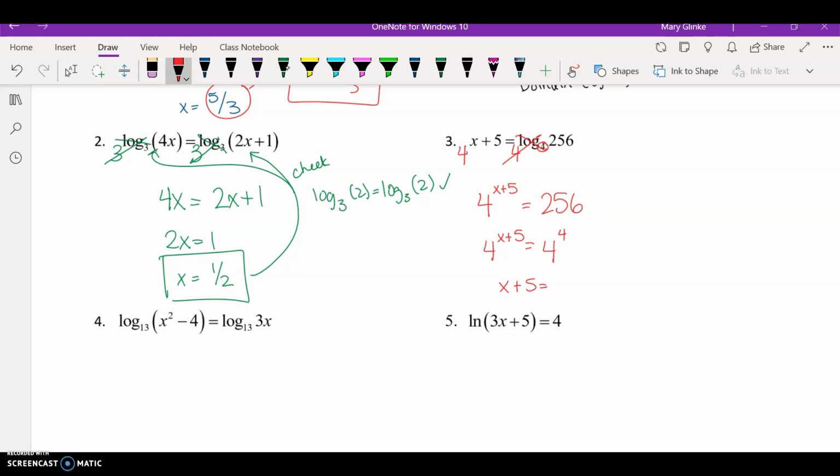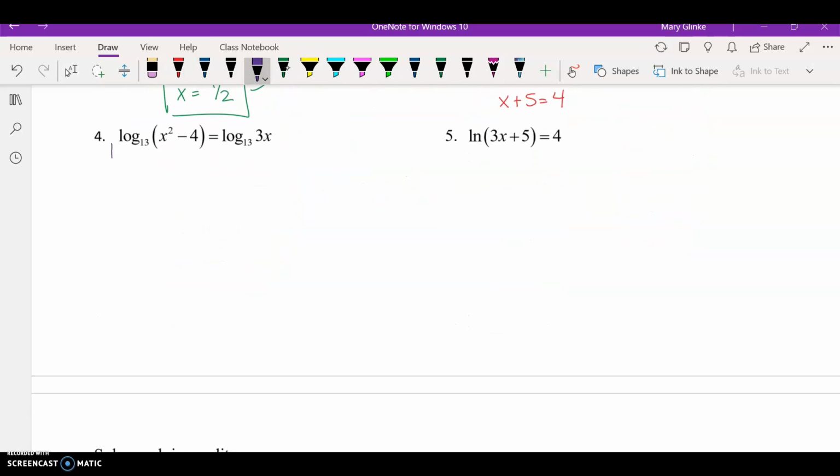So this can only be true if x plus 5 equals 4, making x equal to -1. Now when you check this here, you plug it in, you get 4 to the 4th power equals 256. This works and there's no negatives inside the log, so you're good to go.